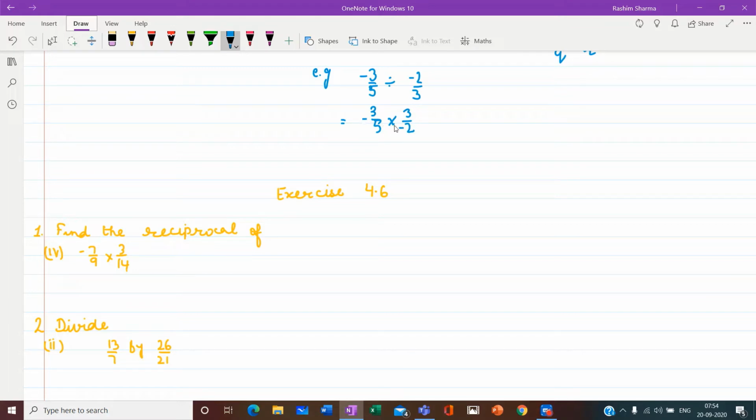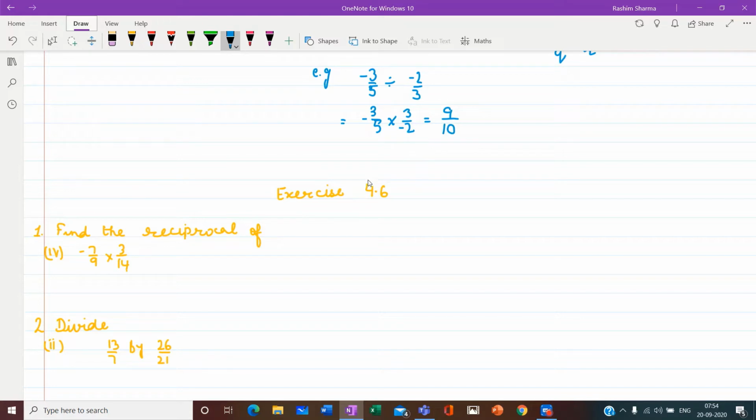Here we know minus and minus sign will become plus, and we multiply numerators. 3 into 3 is 9 and 5 into 2 is 10. Alright, so we just change division sign to multiplication and reciprocate the number after that.